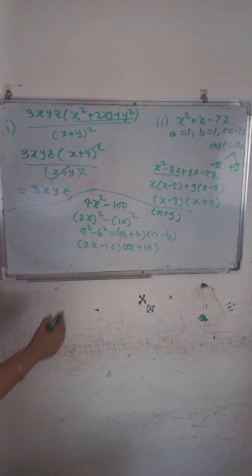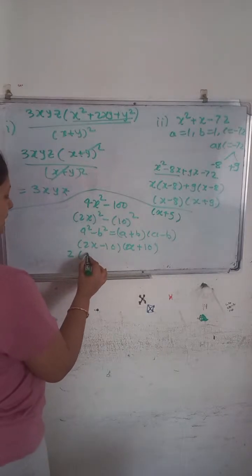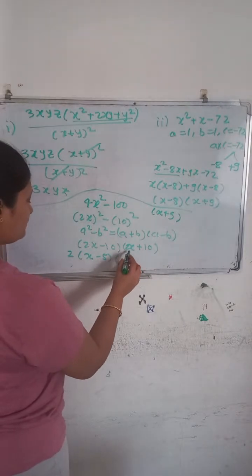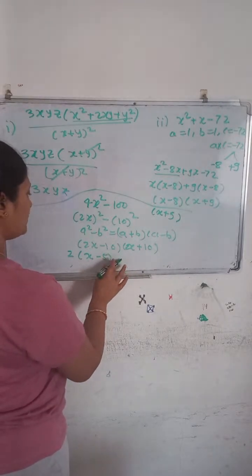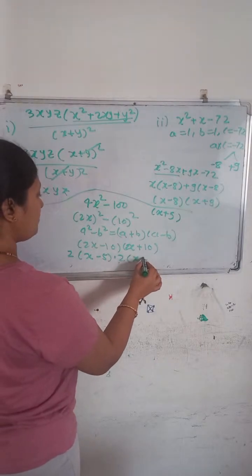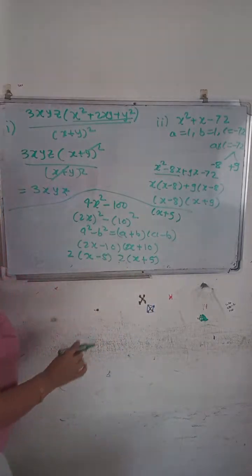Again, if I take 2 common here, you will get x minus 5, and in this bracket if I take 2 common again, then x plus 5. So this is what you are getting as the answer.